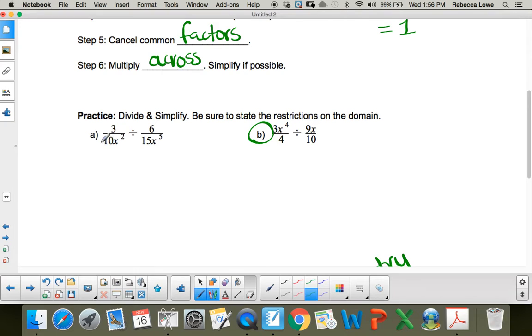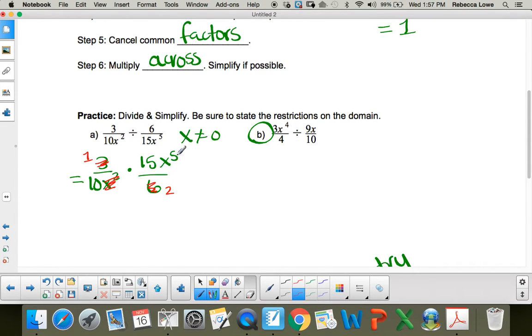Restrictions: x cannot be 0. I'm going to change division to multiplication by copy, dot, flip. And now I'm going to cancel. Before, we expanded all this stuff and canceled, but you don't have to do that. 3 goes into 3 one time. 3 goes into 6 2 times.